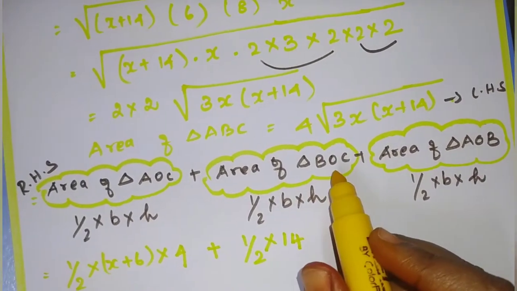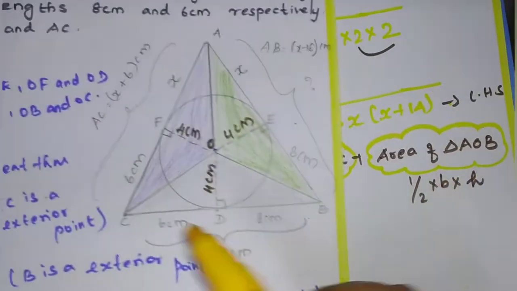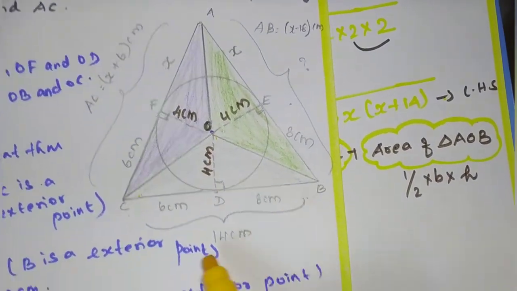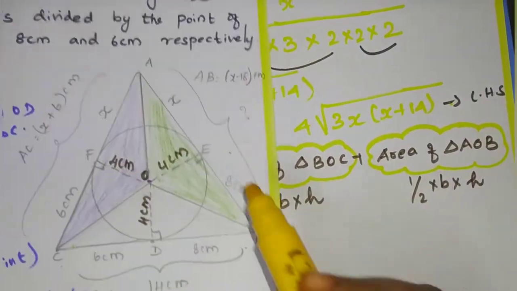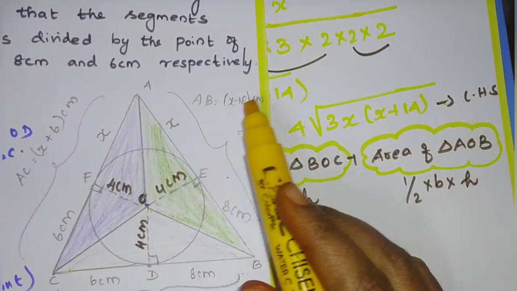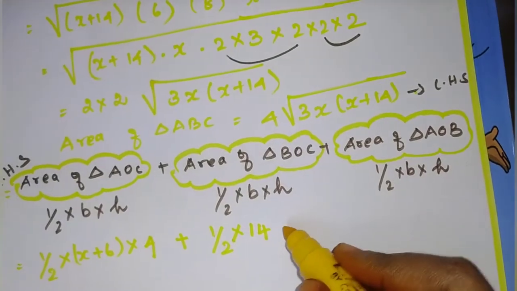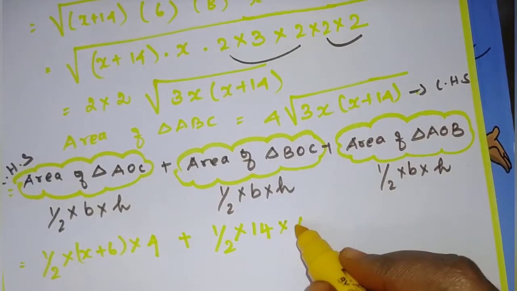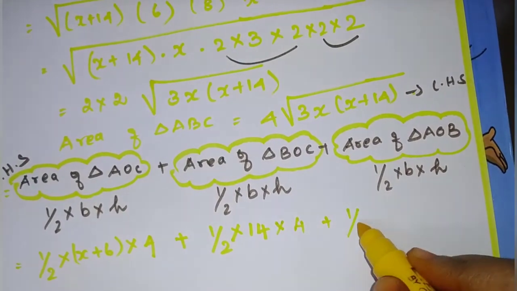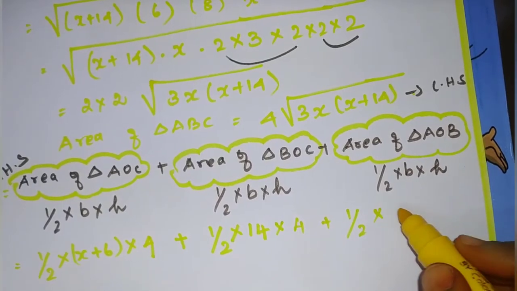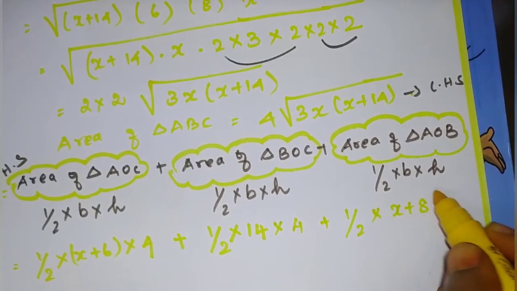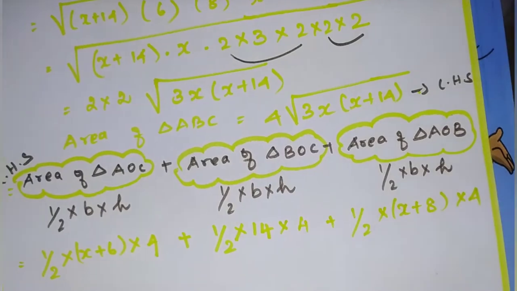For this triangle BOC, the base is 14 and the height is 4. And for this triangle x plus 8 and 4. Clear? Half into 14 into 4 plus half into base x plus 8 and height 4.